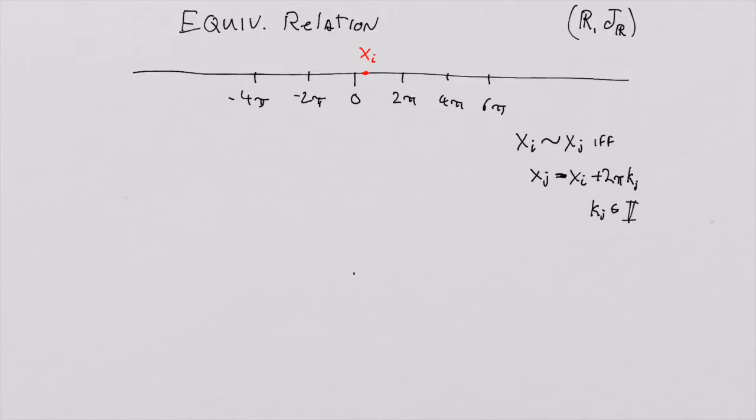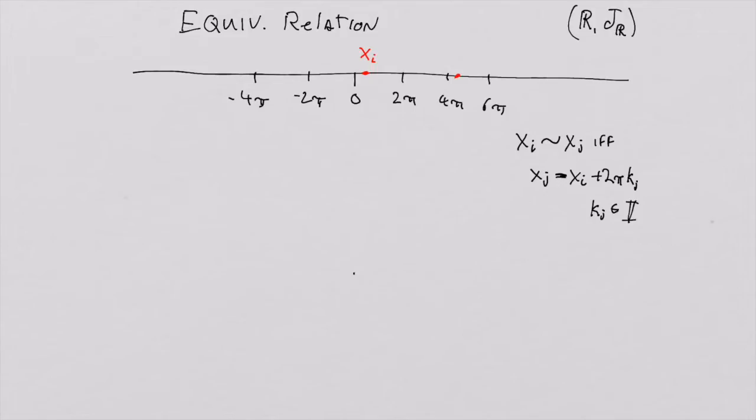So if xi is the point that I've identified here, the xj's that satisfy this relation can be easily plotted on the line, which is why I chose this as an example, by just adding 2 pi to xi. So for example, that would put it right here.